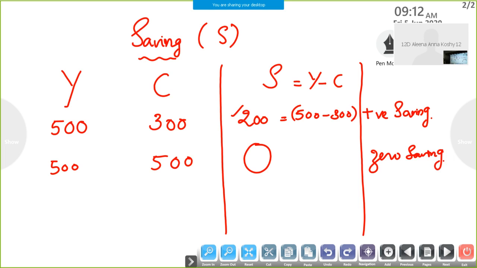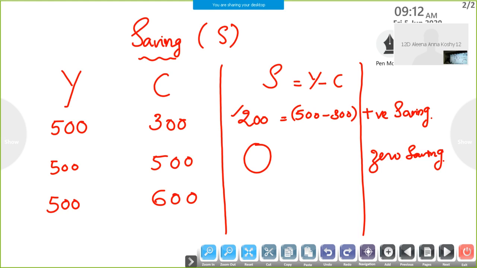Full we spent for consumption. This is the second situation of saving. First situation is positive saving. Second situation is zero saving. Again same level of income I am taking, but the economy spends, suppose 600 crore or lakh.